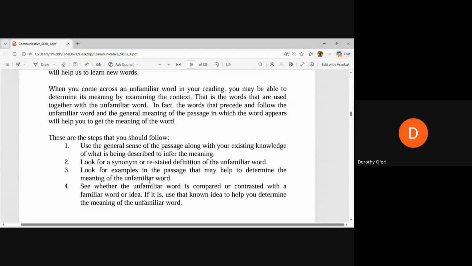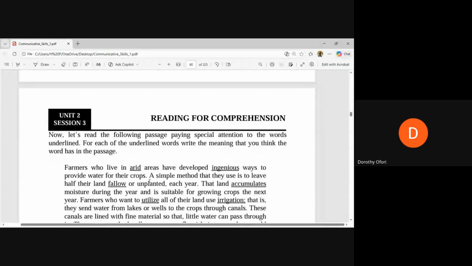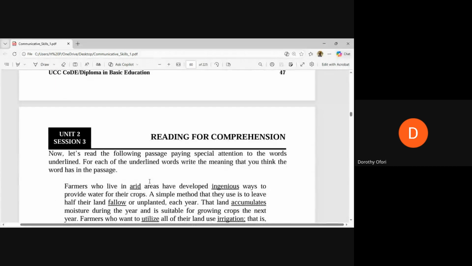The individual must determine whether the society agrees with his behavior or not. Bad boys are what the society hates. So here you can see that the unfamiliar word is good and it has been contrasted with bad. So you have to look at this and see. These are the steps that will help you in identifying the meaning of a word that you are not familiar with. All right.